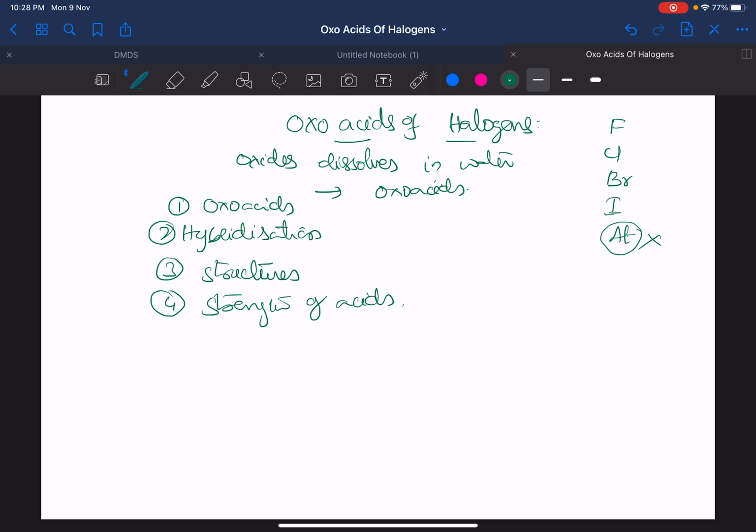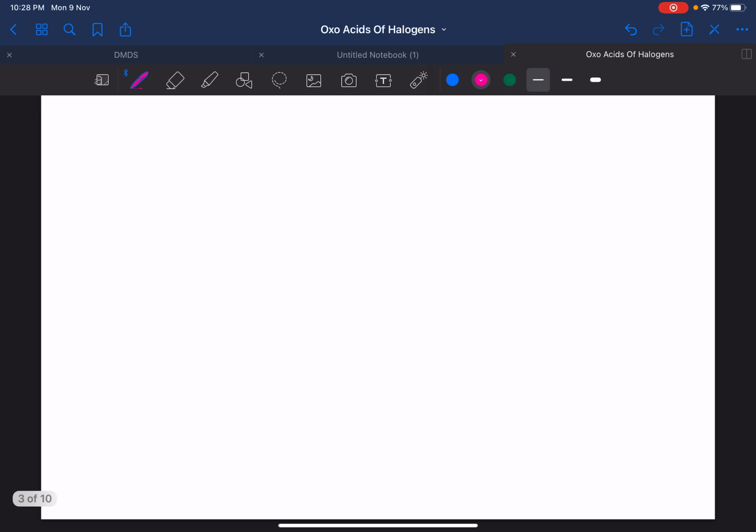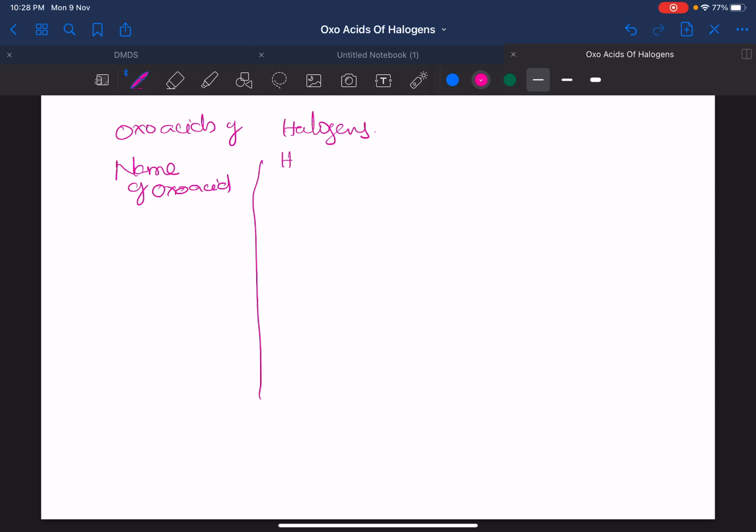First of all, what are the main oxo acids of halogens? We will draw a picture: the name of the oxo acid and the halogen elements, fluorine, chlorine, bromine, iodine.